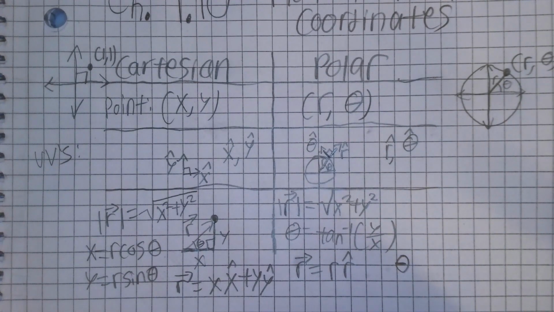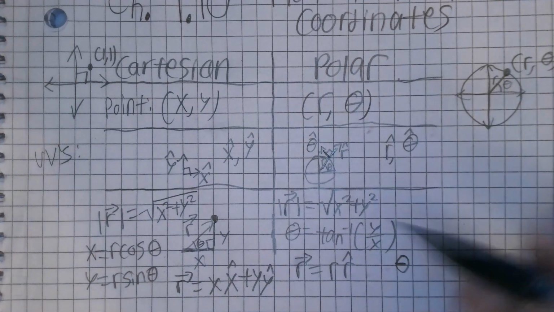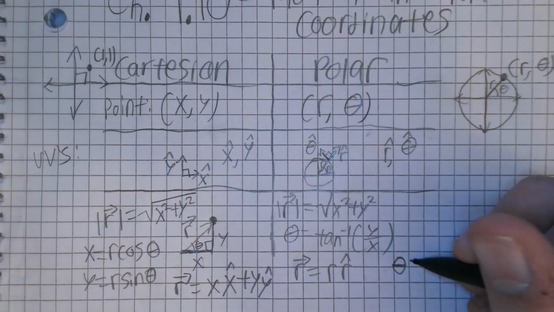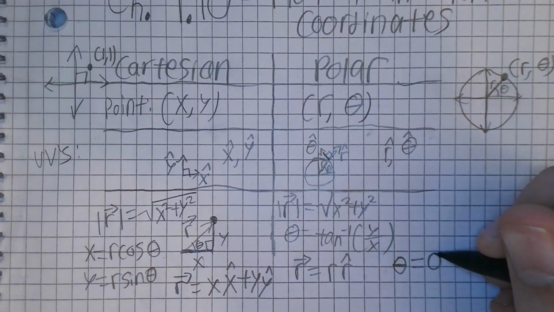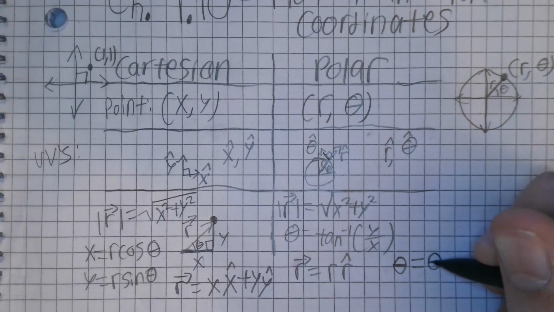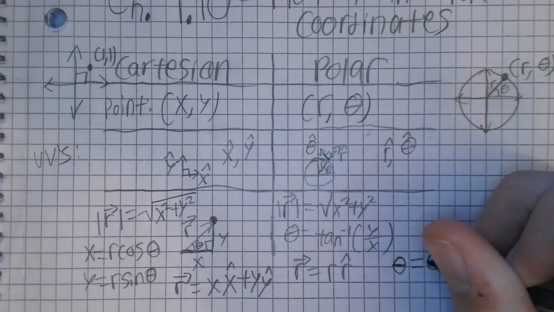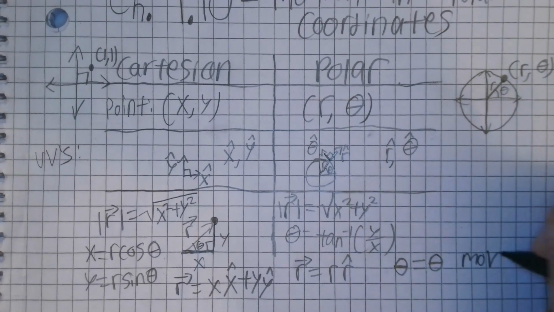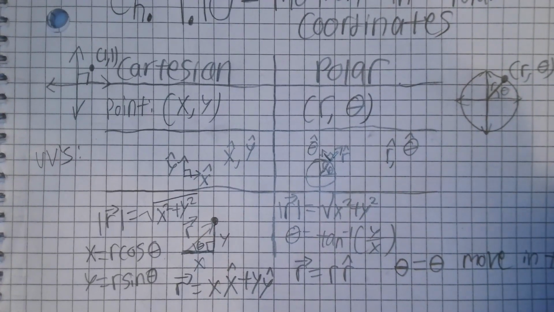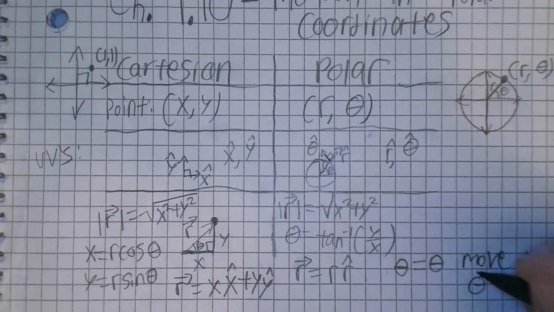Whereas if we just describe theta independently of that, theta always has a magnitude of theta, and it will move in the theta hat direction.